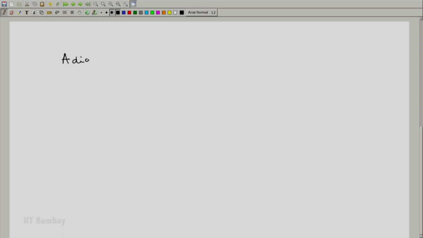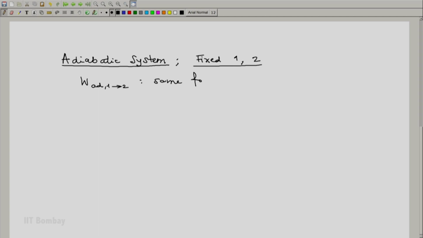Now, what does this imply? Let me again write down. If we have an adiabatic system, with fixed initial and final states 1 and 2, then W_ad from 1 to 2 is the same for all such adiabatic processes.